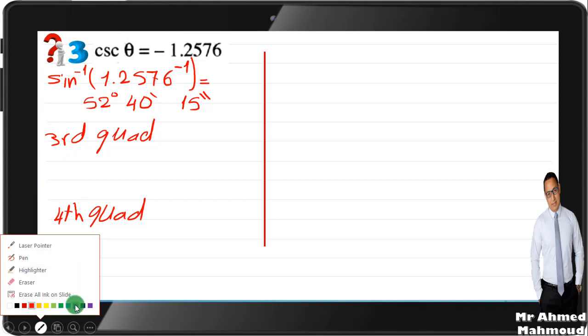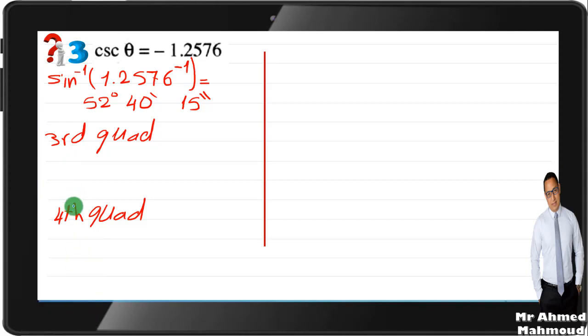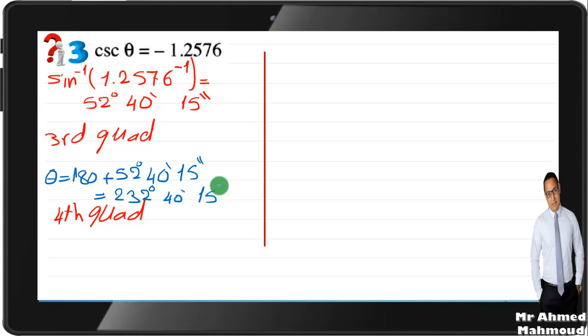In the third quad, theta equal 180 plus the smallest angle, which is 52 degrees 40 minutes 15 seconds. It's equal to 232 degrees 40 minutes and 15 seconds.